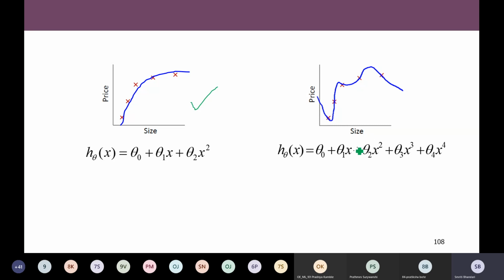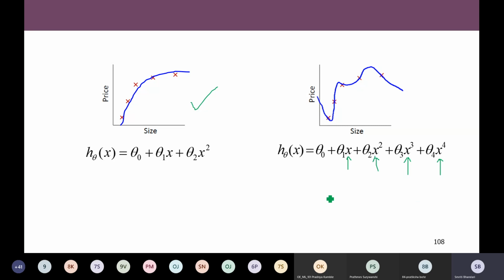Now see what we are trying to explain. Instead of eliminating any of the features, in this polynomial fit we have these features: x, x square, x cube, x to the power 4.